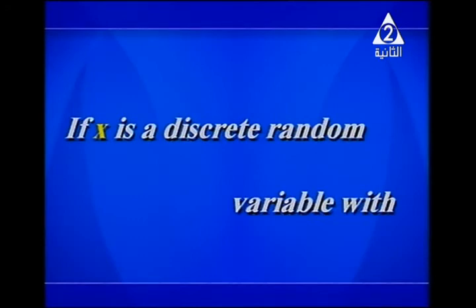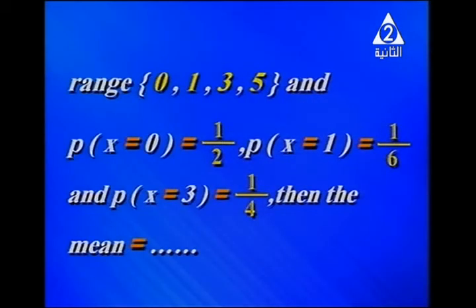Another example. If X is a discrete random variable with range 0, 1, 3, 5, and the probability when X equals 0 is half, the probability when X equals 1 is 1/6, and the probability when X equals 3 is 1/4, then what is the arithmetic mean?